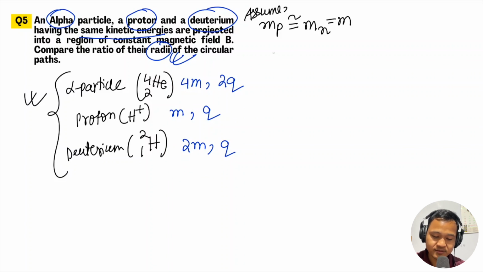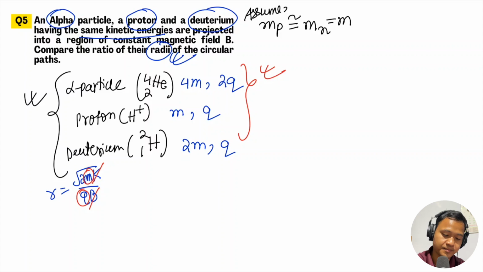To compare the radii, the formula is R equals root over 2mK by qB. The kinetic energy is the same and the magnetic field is the same, so mass and charge are different, which we will see from here.